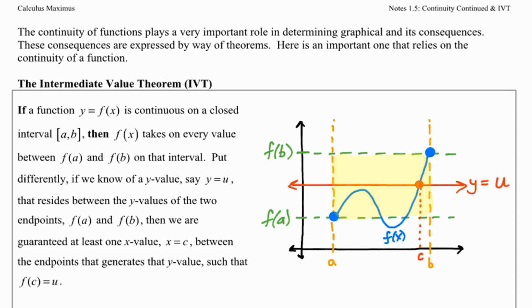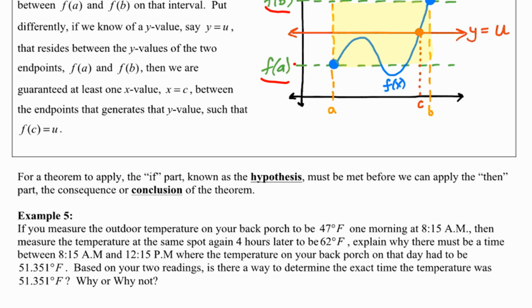So we have this nice colorful picture. Sorry you don't have color. This is the intermediate value theorem. Sounds really complicated. You can go ahead and read it, but it's simple. Basically, what it's saying is if you go from one y value to another with a continuous function, it has to cross through every single y value in between those, which sounds like common sense, but it could be kind of complicated.